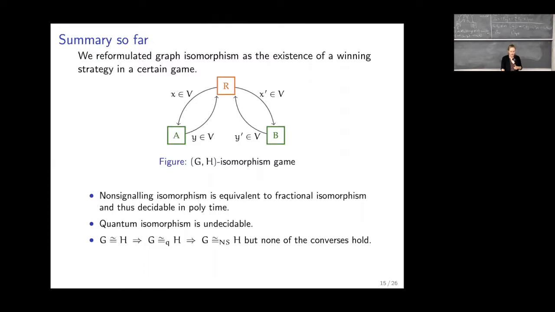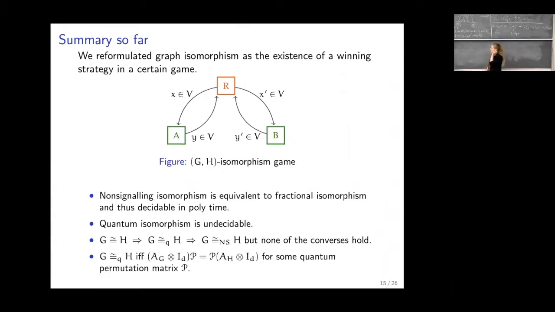Then we have this chain of implications just because the class of strategies in each case gets bigger and bigger. Quantum strategies are a superset of classical strategies, non-signaling strategies are a superset of quantum strategies, and none of the converses hold. And then we can also have this matrix-based formulation of quantum isomorphism that is quite similar to the matrix-based formulation of isomorphism.